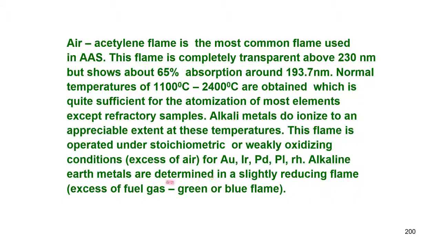They are determined in a slightly reducing flame. Reducing flame means somewhat bluish flame, not the reddish flame. That means excess of fuel gas, that is either green color or blue flame is good for calcium, strontium, barium, etc., alkaline earth metals.